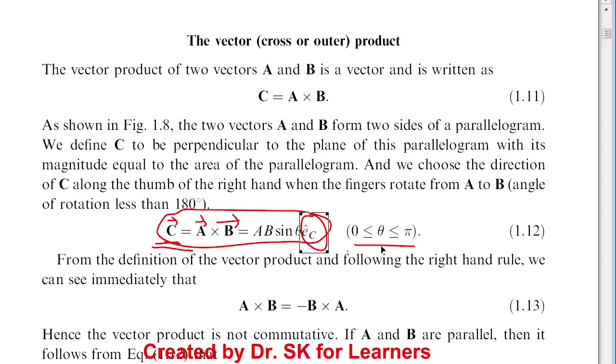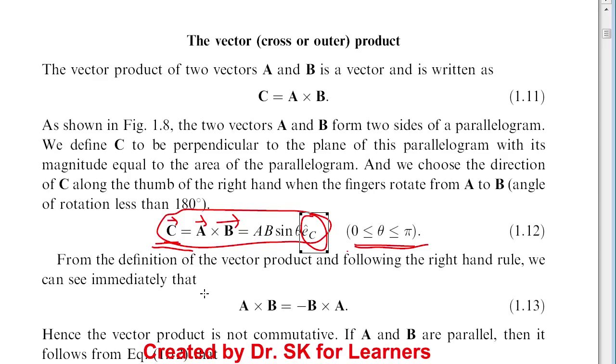And remember, here theta is always between 0 and 180. If you go beyond 180, you will just add another minus sign. You can probably decipher that your own way.